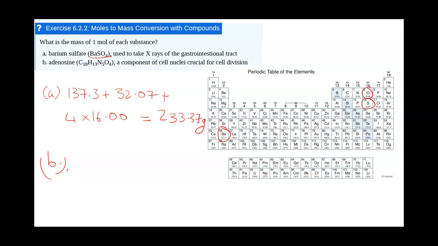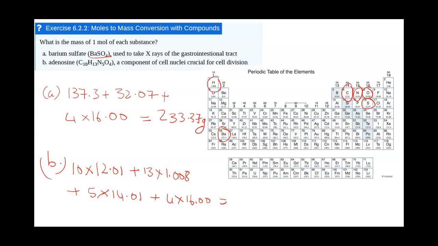You can try the next one. It's a little bit more complicated. We need carbon, hydrogen, nitrogen, and oxygen. So we have 10 times the mass of carbon plus 13 times the mass of hydrogen plus 5 times the mass of nitrogen plus 4 times the mass of oxygen.